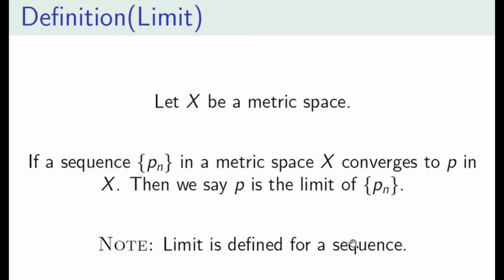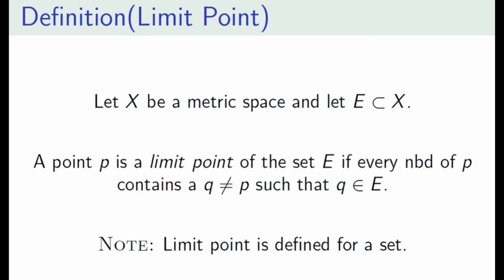Whenever we have a sequence, we can speak of the limit of a sequence if it is convergent. We have a possibility that a sequence may not be convergent at all. We also have a possibility where a set will not have any limit point. So all the possibilities exist.